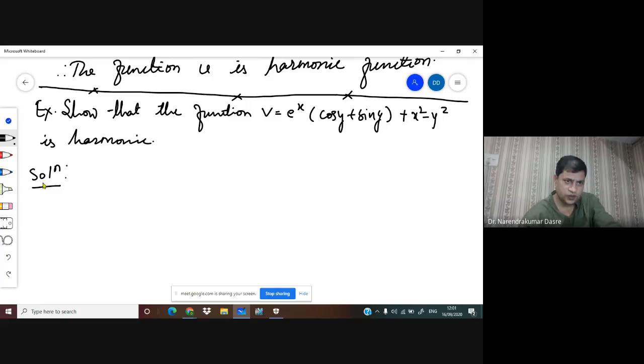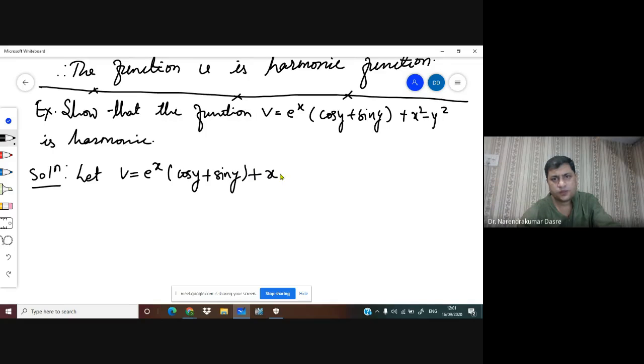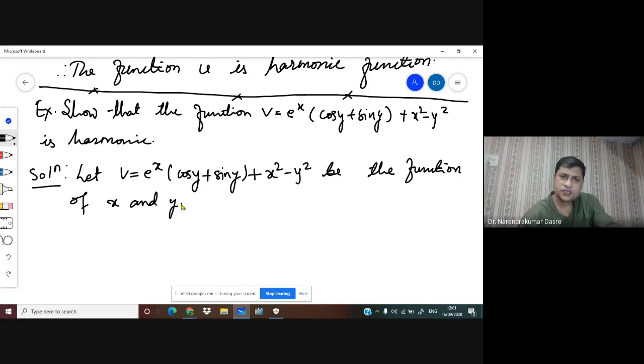Okay, so let's have the solution. So let v is equal to e raised to x, cos y plus sin y, plus x square minus y square being the function of x and y. Okay, so we have this function of x and y, and now we have to find out the second order derivative.